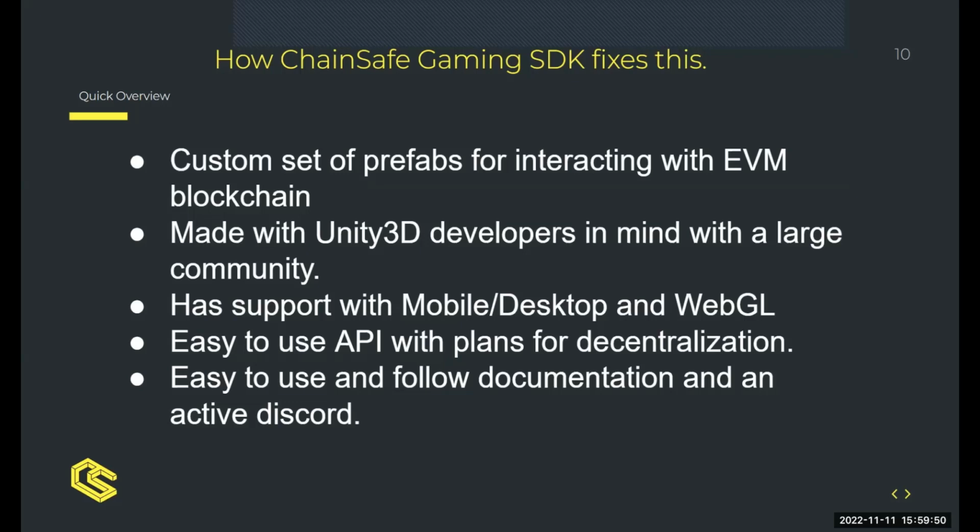We have easy to use and follow documentation, and we have a really active Discord community. And one of the highlights of working on this is seeing people start using the SDK, publish their games, and then get funding for it. It's really cool to see people get to that next level.